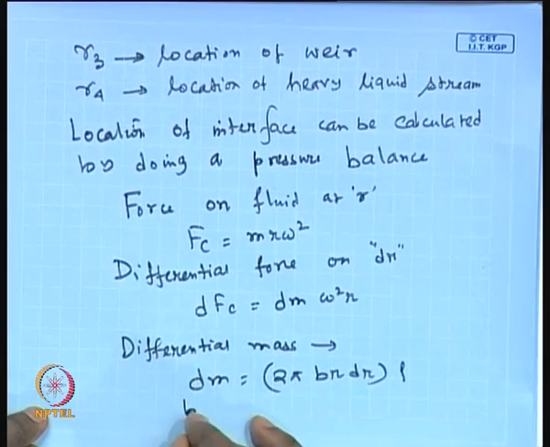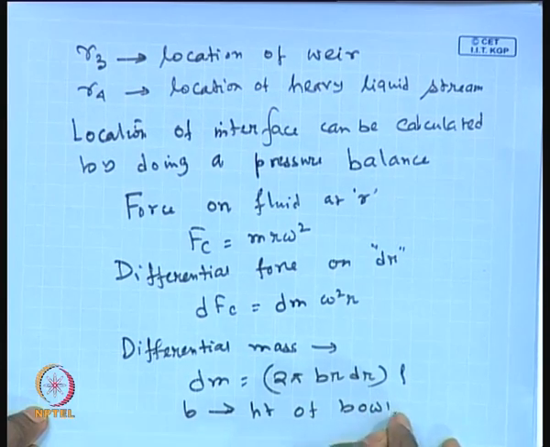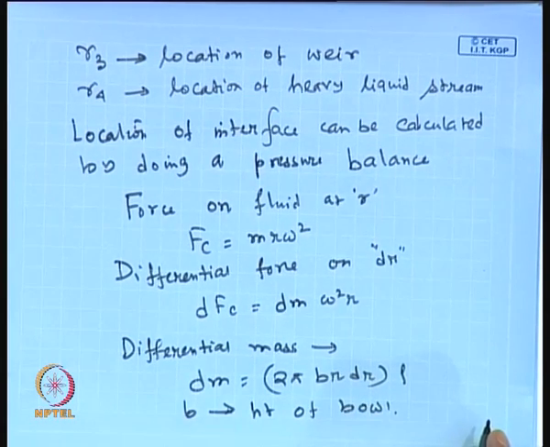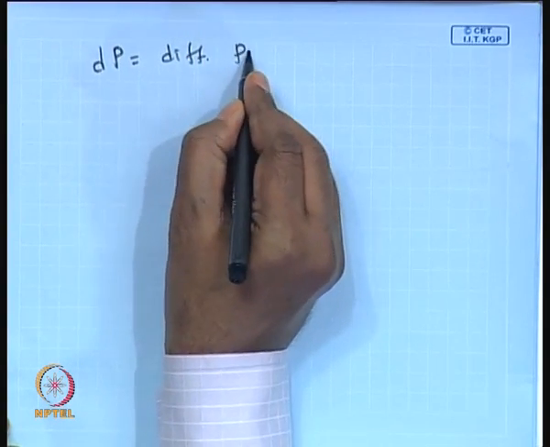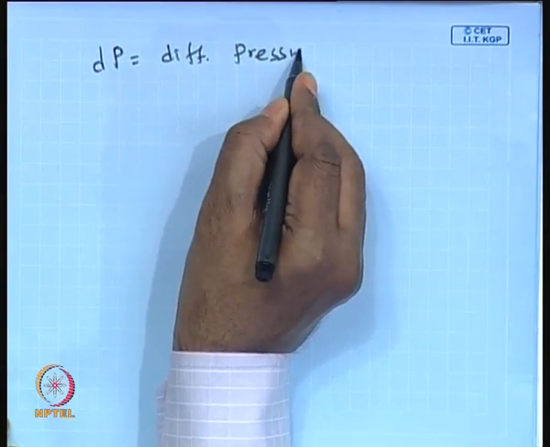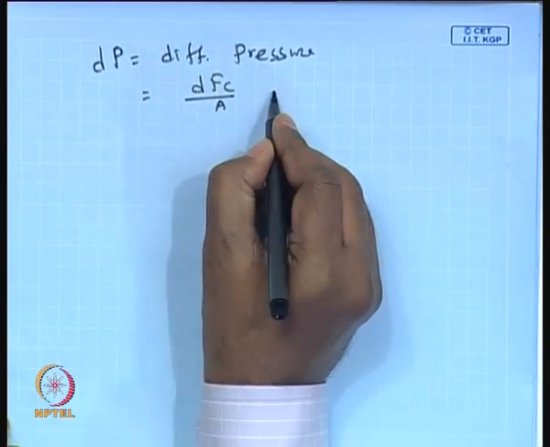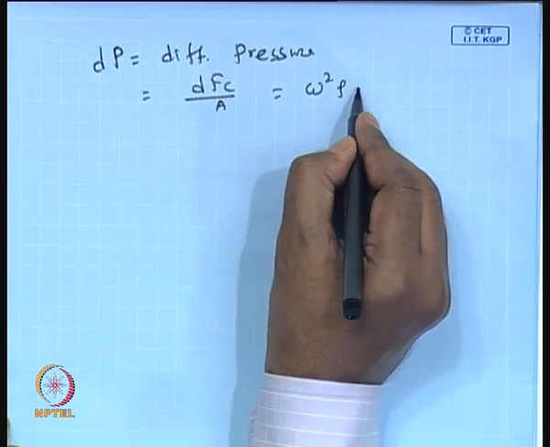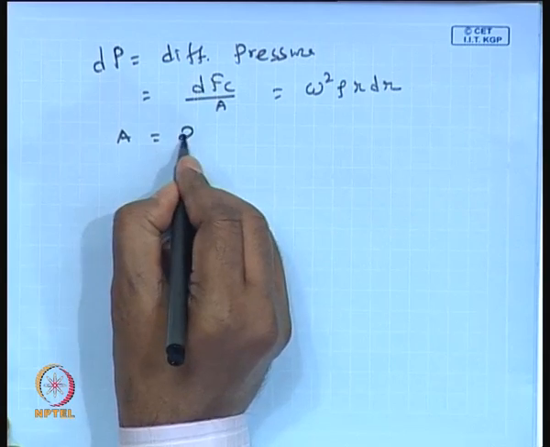So, what is b? b is nothing but the height of the bowl, height of the tubular centrifuge. Now, you will be in a position to calculate the pressure force. dP is differential pressure force. What is that? Force per unit area, dFc divided by area. So, it will be omega square rho r dr, and what is A? A is nothing but 2 pi r b.